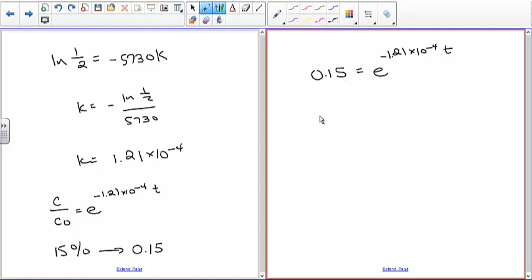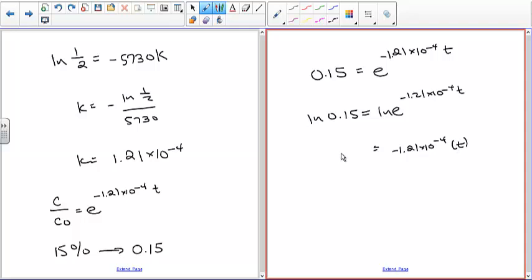So we take the natural log of both sides. When you take the natural log of that, you get this. Here you have the natural log of e to the negative 1.21 times 10 to the minus 4 times t. But the natural log of e to that is just the exponent, which is negative 1.21 times 10 to the minus 4 times t.